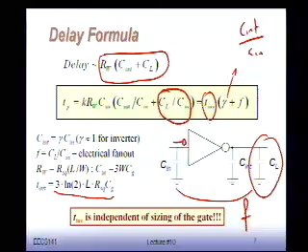It's a function of technology parameters, T invert times gamma, and then something which is a factor of the ratio between the gate capacitance and the load capacitance. The load capacitance is something I don't determine. The gate capacitance is obviously a function of the size of my inverter. If I make my inverter bigger, my gate capacitance will go up and my F ratio will go down. Okay? Okay, we have that equation.